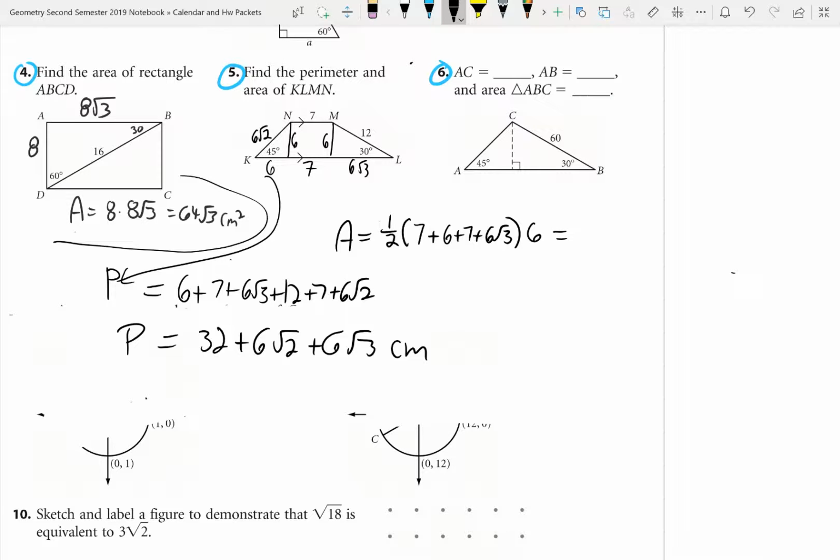And so that's going to make your area equal to 1/2 times 7 plus 6 is 13, plus 7 is 19, times 6. Oh wait, hold on. Actually, it's not 19. I just calculated that wrong. That's 20.